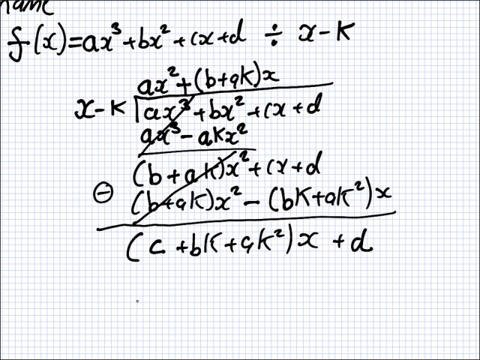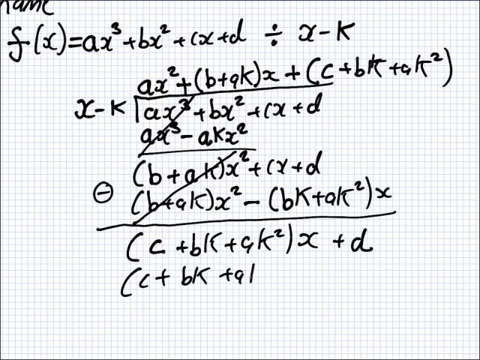Now I know it's looking very messy, but the good news is there's only one multiplication left. Yeah, there's only one left. It's plus the whole thing, c plus bk plus ak squared. Right, let's multiply it out. So it's the same thing, isn't it? And then the last one is that multiplied by minus k again.